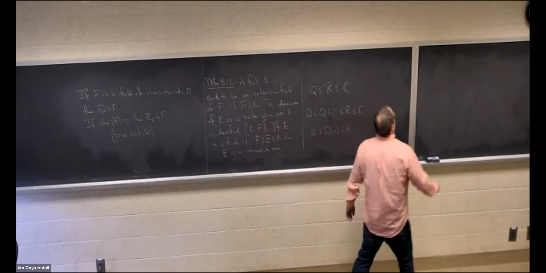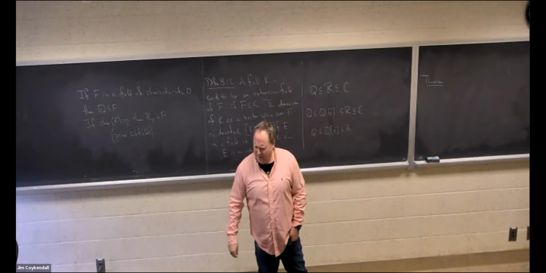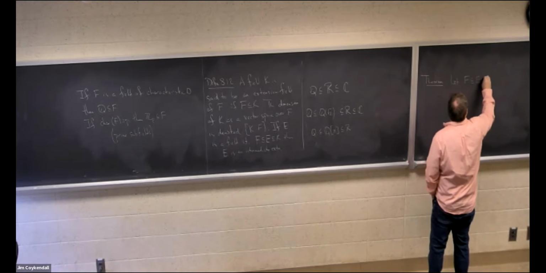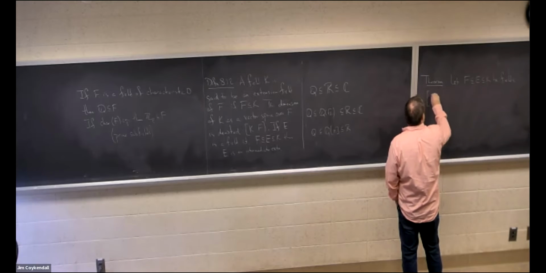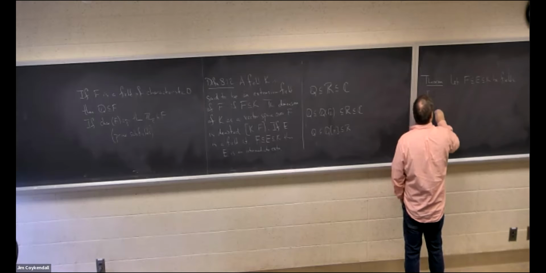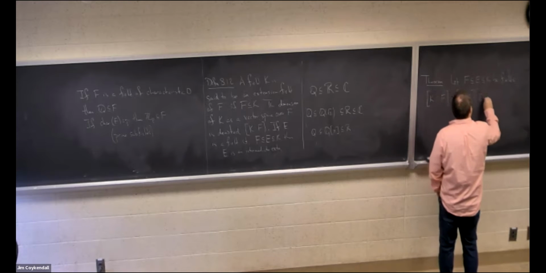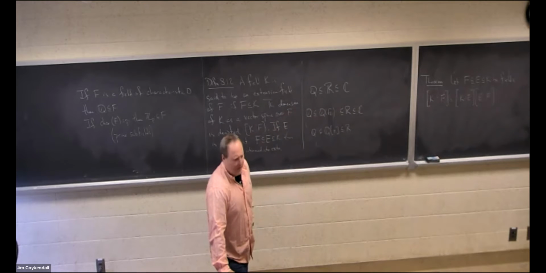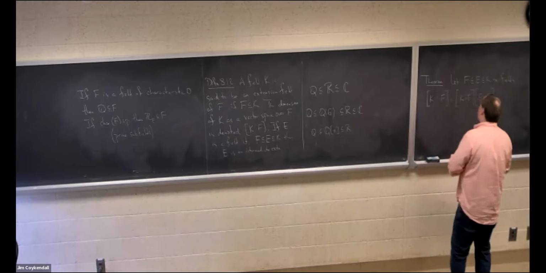Here is a theorem. Let F inside E inside K be fields, then the degree of K over F is the degree of K over E times the degree of E over F. This is important for many reasons.